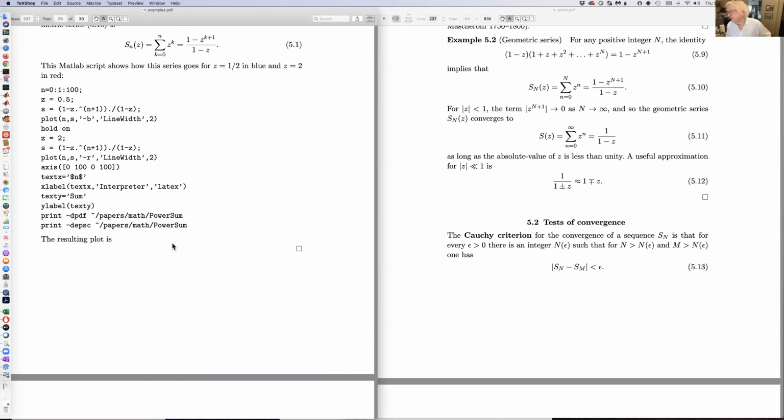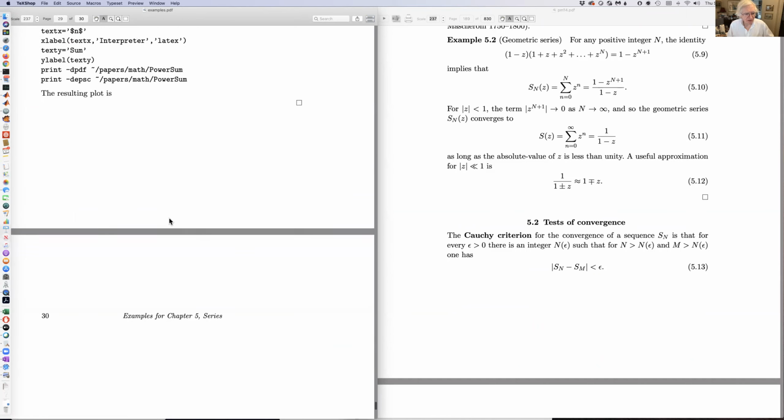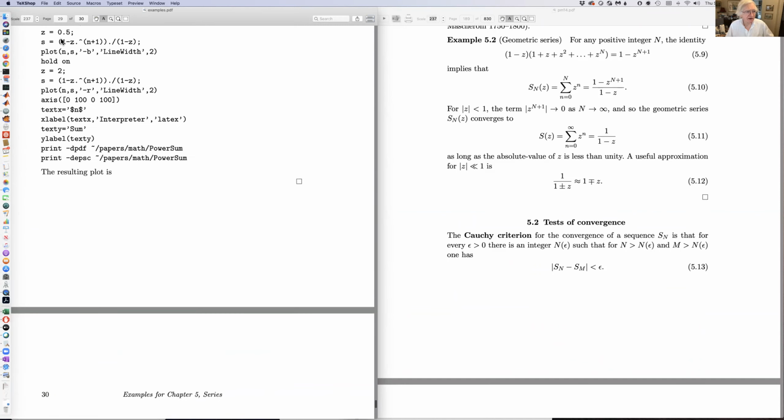If you send me a chat message, I'll explain this in more detail. Otherwise, I'll just say, puzzle over it, copy it, enter it into your copy of MATLAB, play with it, and so forth. In particular, I encourage you to change the first z and change the second z. Here I'm doing n summed from 0 to 100. Here are the plots, and those are the plot commands up there.